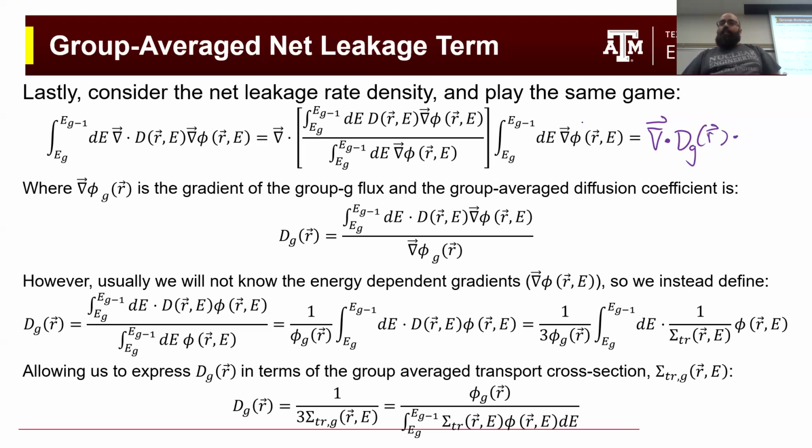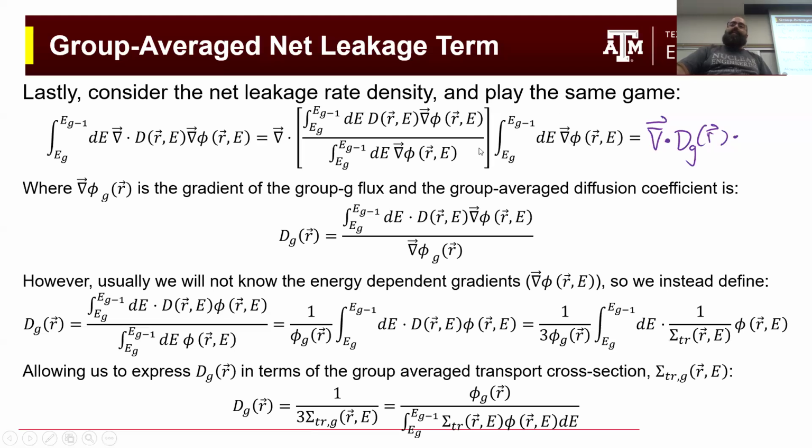And then by definition, this quantity right here, if I integrate my gradient of my energy dependent scalar flux over this little energy group, the gradient operator can also come outside of the integral because it doesn't act on energy variables, it just acts on spatial variables.